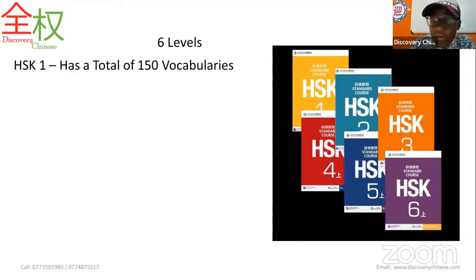By the end of level 1, you should be able to understand at least 150 vocabularies. With this 150 vocabulary, you will be able to engage in basic communication.